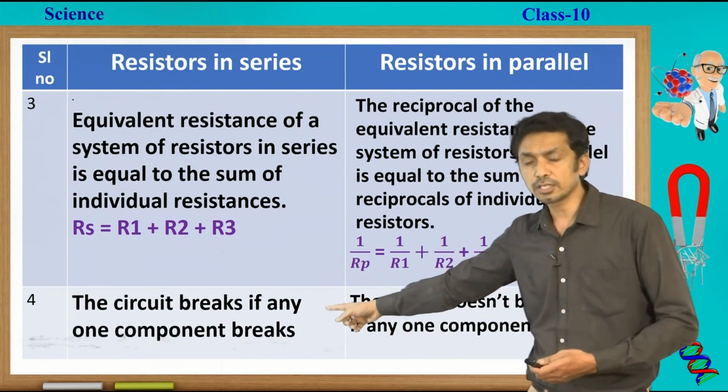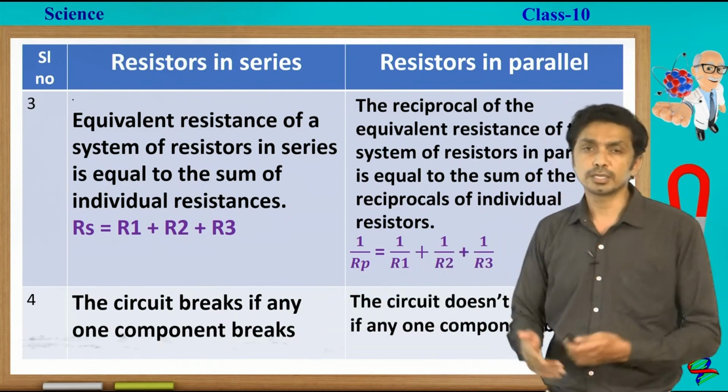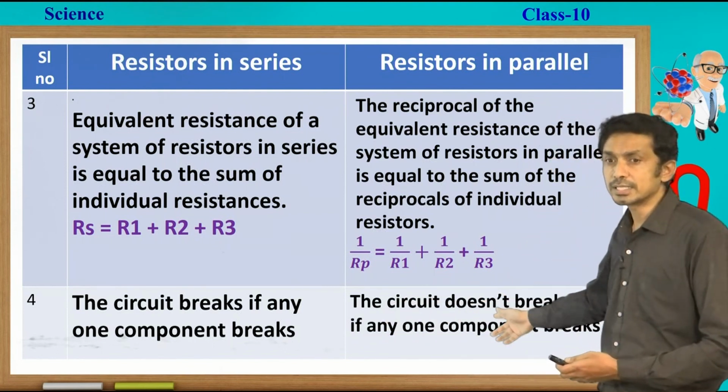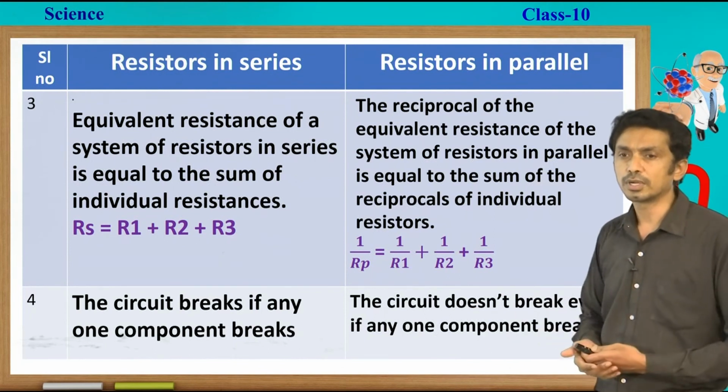And when the circuit is in series, the circuit breaks if any one component breaks or is non-functioning, but the parallel circuit does not break even if any one component is broken or not functioning.